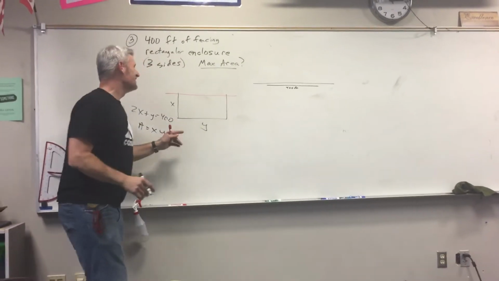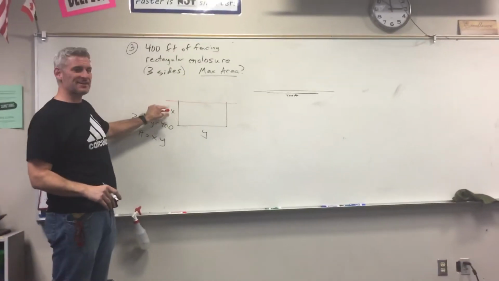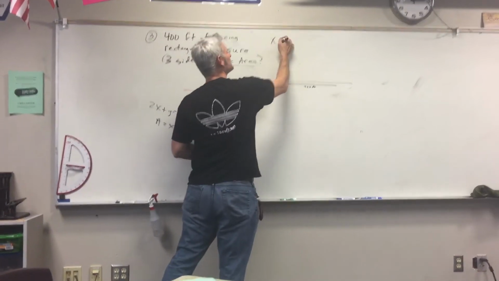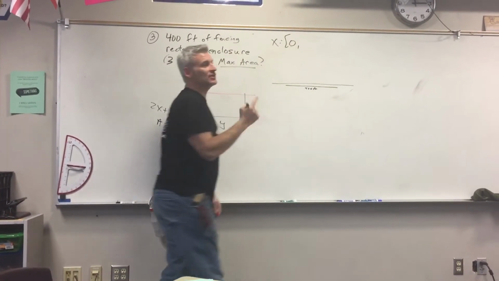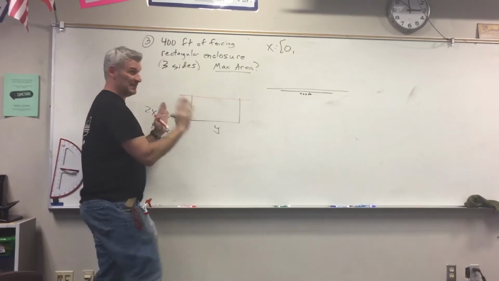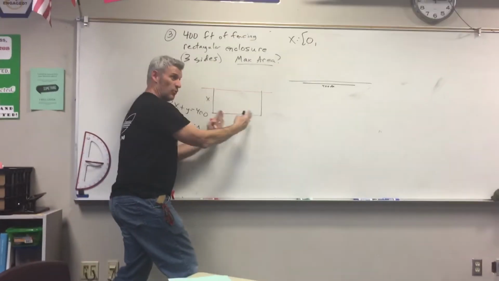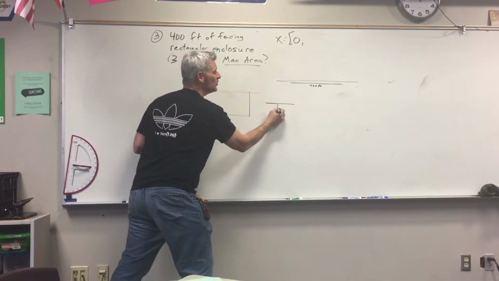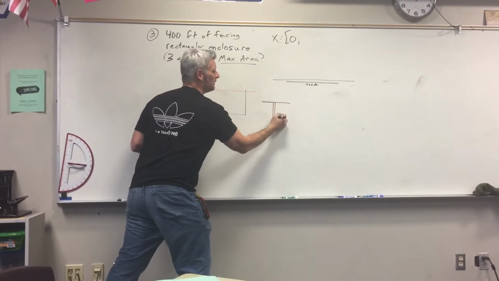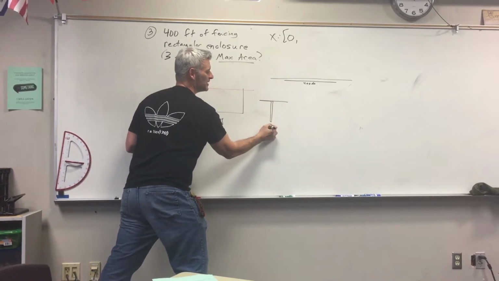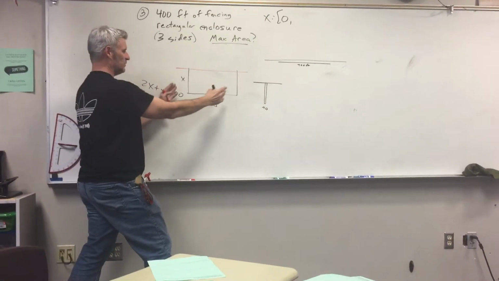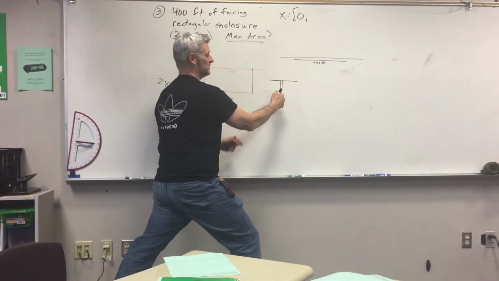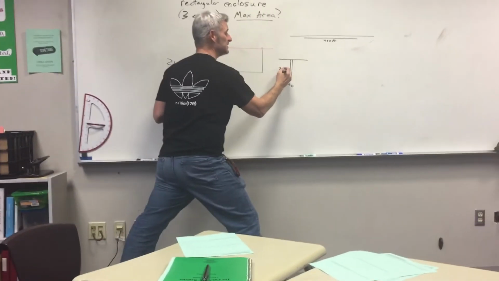Anyways, so I'm pretty sure x should not be 0. X should not be 0, but it certainly could be, right? But I don't want it to be. Now, careful. If y was 0, if you actually made this so long that y was pretty much approaching 0, what would both of these sides be if the whole fencing added up to 400? 200 each, exactly, approximately.